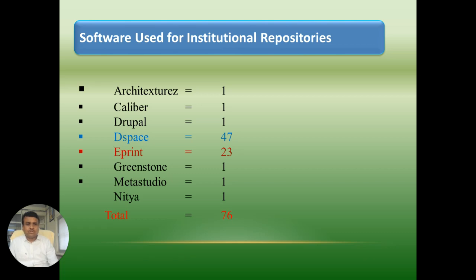Software used for institutional repositories, that is Architects, Calibre, Drupal, DSpace, ePrint, Greenstone, MetaStudio, Nitya. Out of these, only DSpace software is mostly used, and then ePrint is also used for institutional repository.